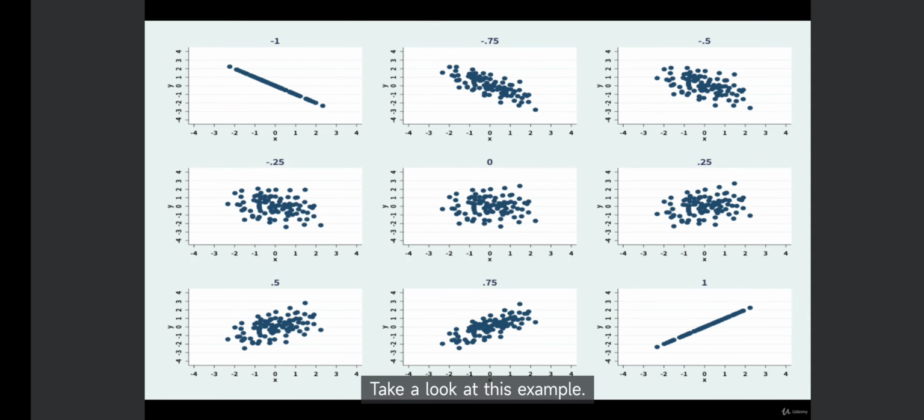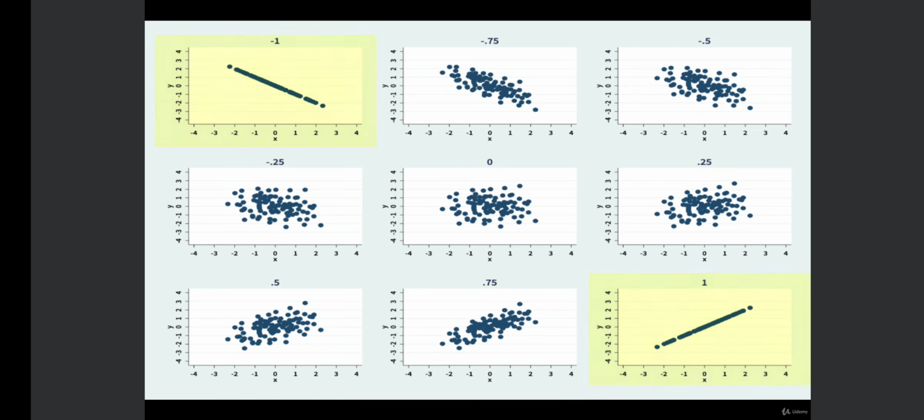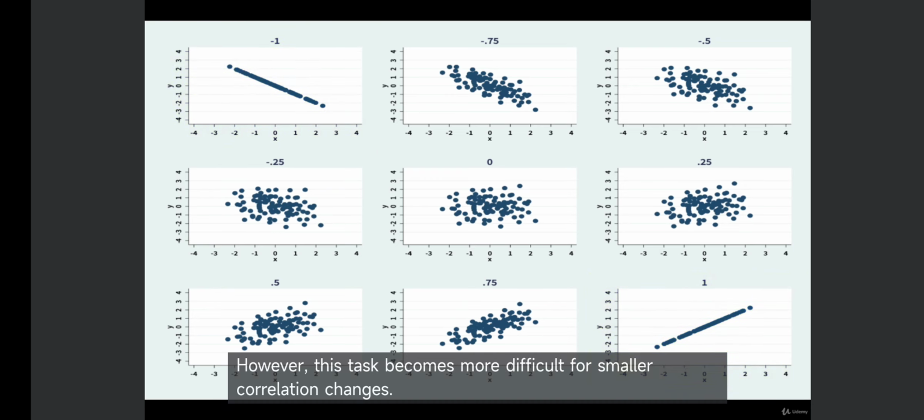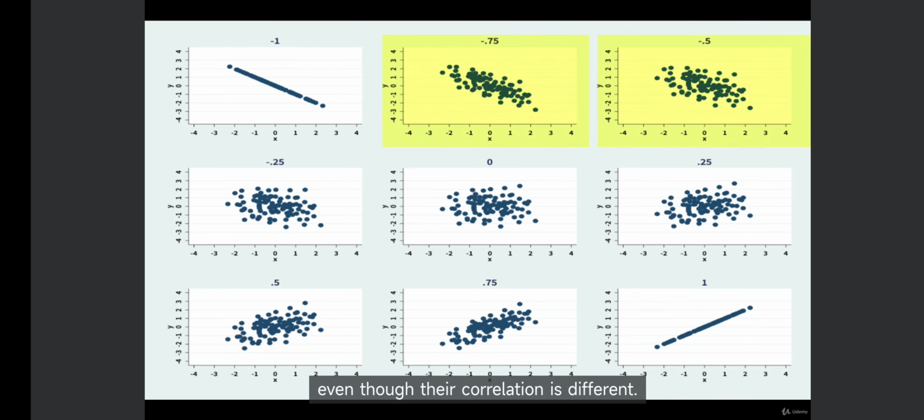Take a look at this example. Here is some data that is correlated in different ways. It is easy to tell a +1 correlation apart from a -1 correlation. However, this task becomes more difficult for smaller correlation changes. At first glance, it would probably be quite hard to identify any difference between the first two graphs, even though their correlation is different.